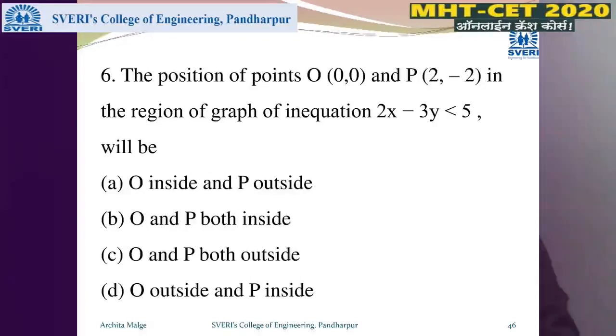Options are given here: O inside and P outside; O and P both inside; O and P both outside; O outside and P inside. By using this equation, 2x minus 3y is less than 5, with points O 0, 0 and P 2, minus 2.